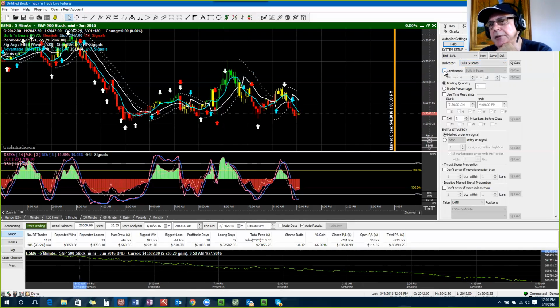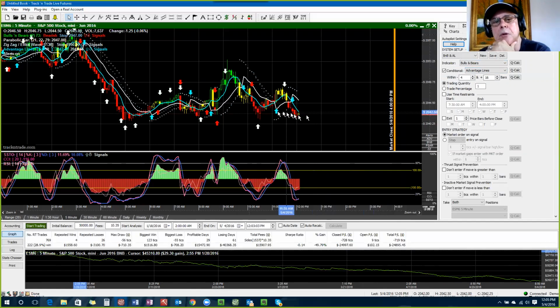And then if you use conditional advantage lines, you're going to have to get two signals. First signal is Bulls and Bears. Then it says if you have an advantage line within four bars before the Bulls and Bears, or within 16 bars after the Bulls and Bears.